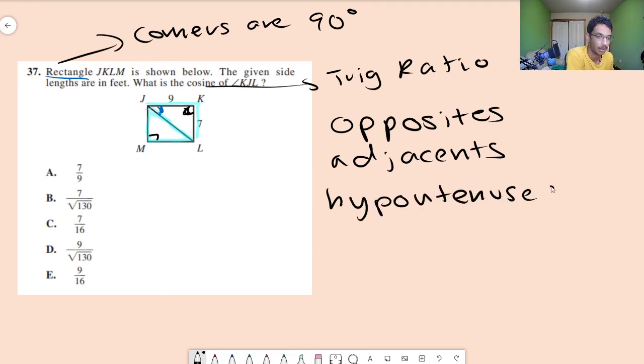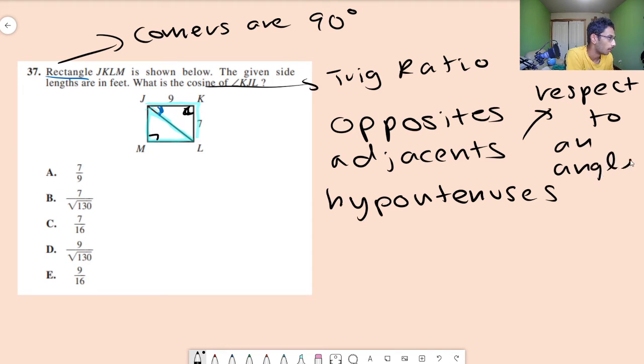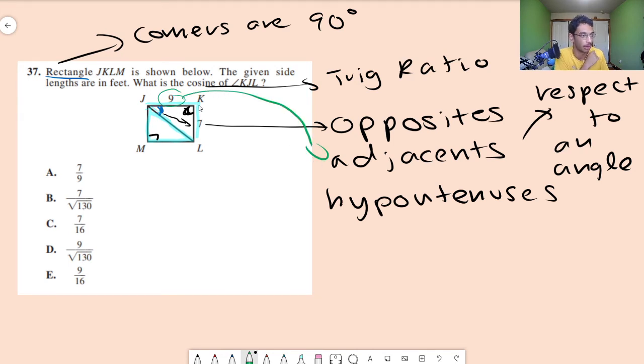This is with respect to an angle. A side could be opposite to an angle. For example, 7 is opposite to this angle, directly opposite, so we would call it an opposite. Similarly, we have 9, which is directly adjacent to that angle, our KJL.